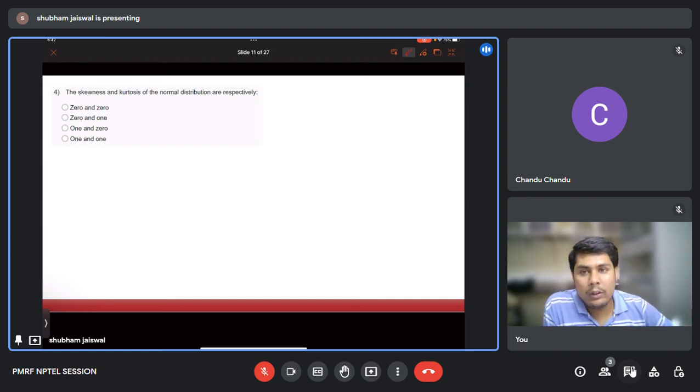So the skewness is given by SKP equal to x bar minus mode divided by standard deviation.